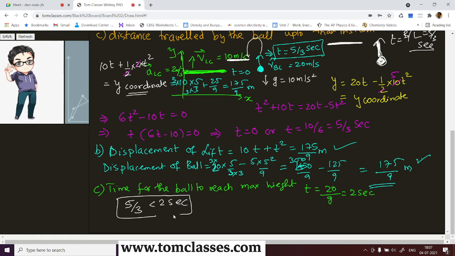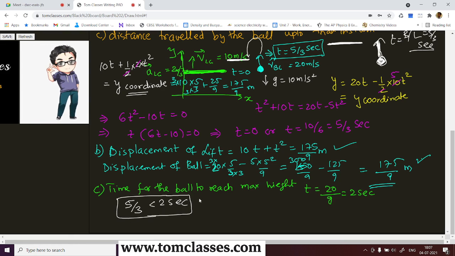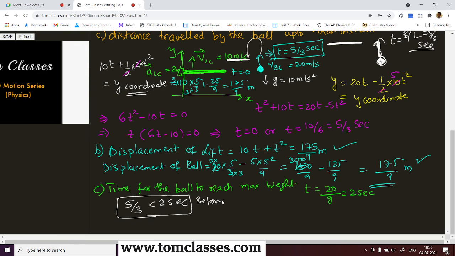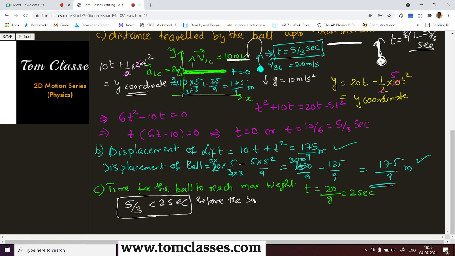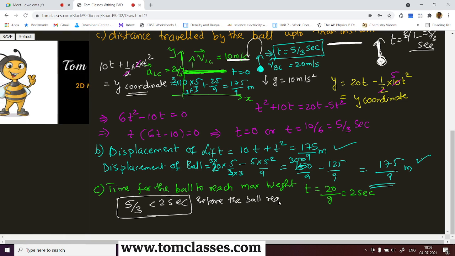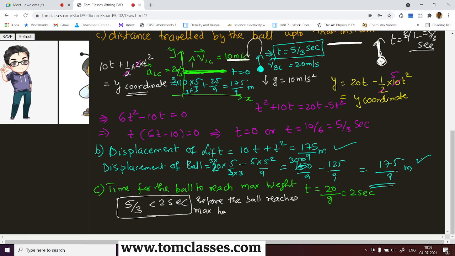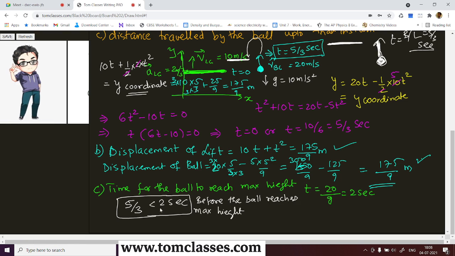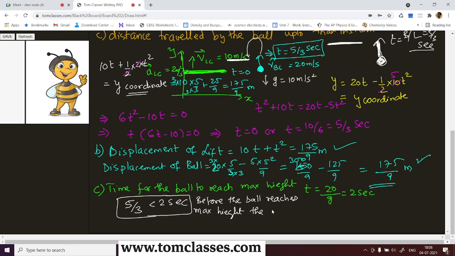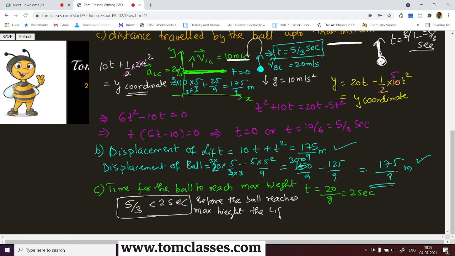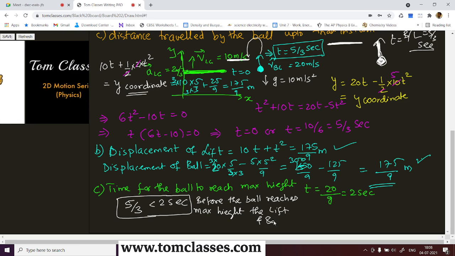So this means that before the ball reaches max height, the lift and ball meet.